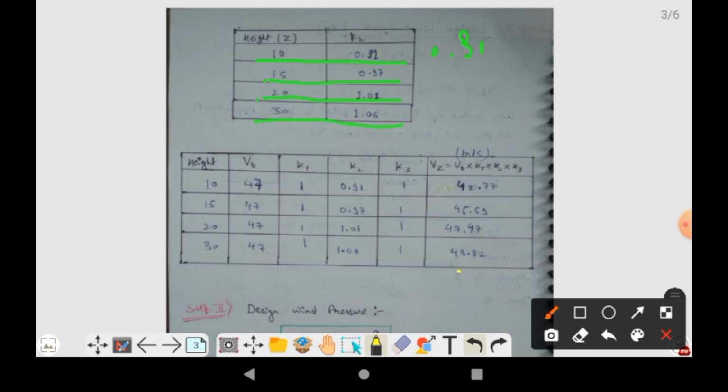In order to make our calculation easier, because we have to design wind speed, that is Vz, here we can easily put the formula and find the different values.